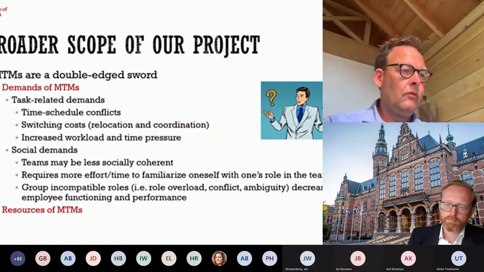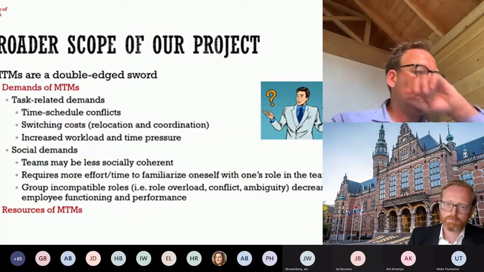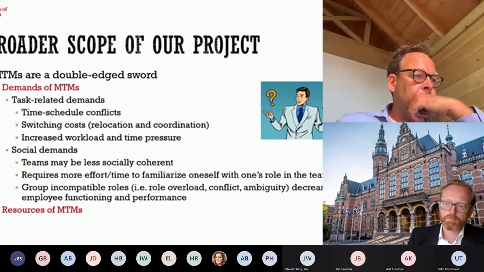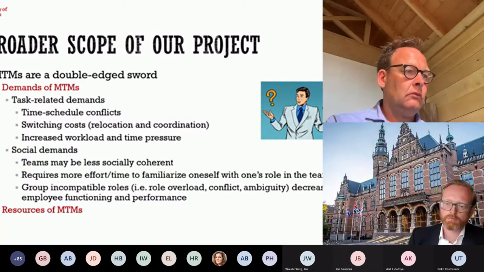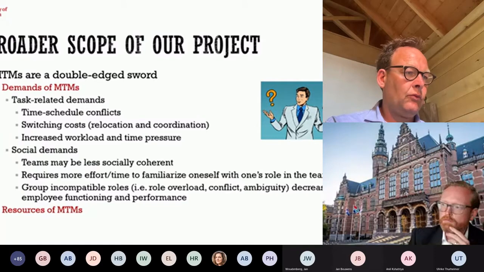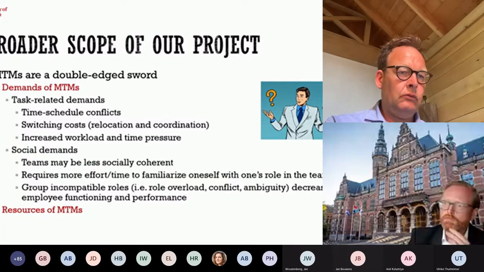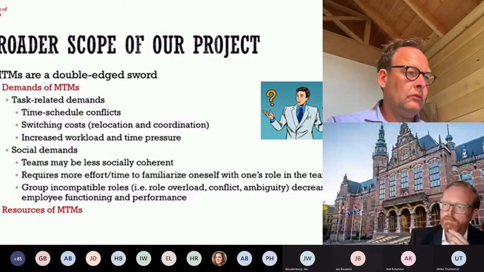If you still focus on the broader scope of our project, one key element to highlight is that MTMs, or sitting on multiple teams, can be seen as a double-edged sword. On the one hand, you have certain demands that come along with sitting on several teams, while on the other hand, you also have certain resources that you can get by sitting on more than one team at the same time.